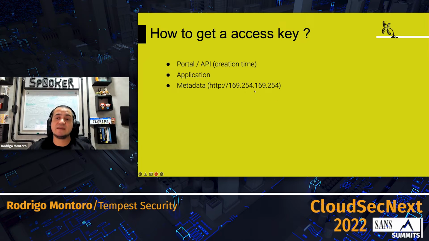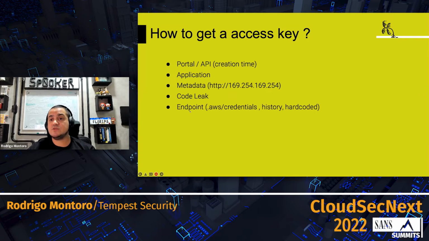You have access to an ASIA key, and so you could pivot to the control plane. Another, and the most common way, is code leak. It's pretty common. If you monitor GitHub, you see thousands of keys per week easily, and so that's the most common way.